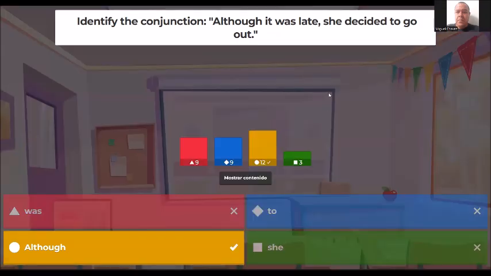Again, we are contrasting two activities using the conjunction although. Although it was late, she decided to go out. We are contrasting two ideas.